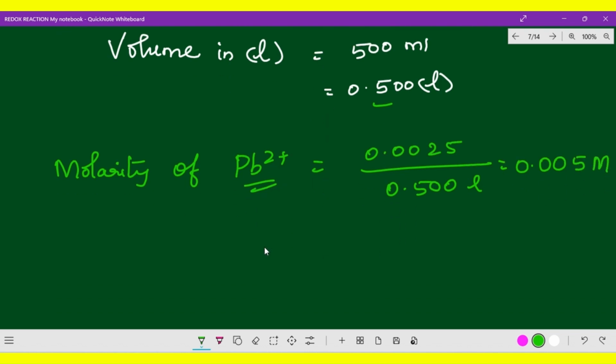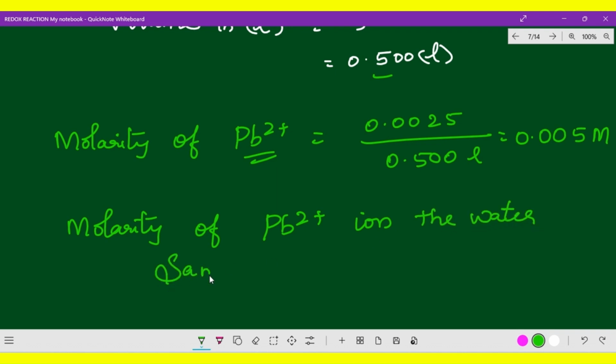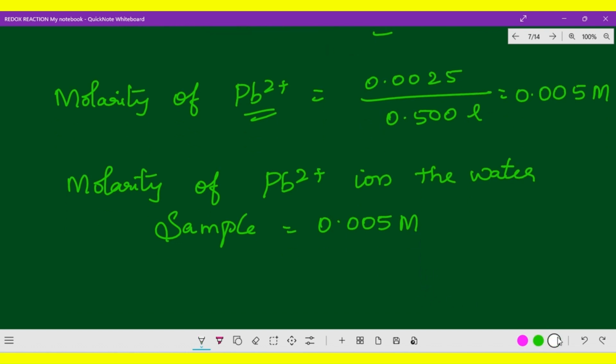That is what the question asks: the molarity of bivalent lead ion in the water sample. So 0.005 molarity, or we can write it as 5 into 10 to the power of -3 molarity.